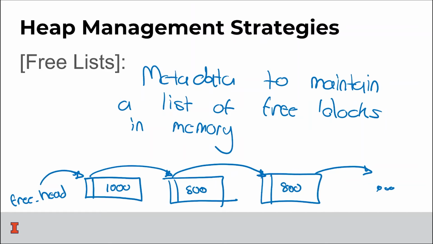So we might have this list of a bunch of free pointers. And there are a few different strategies for once we have this free list, how do we decide which block to use? Because in your MP3, you're going to end up with this free list, and then it's going to be up to you to use any one of a few different strategies.